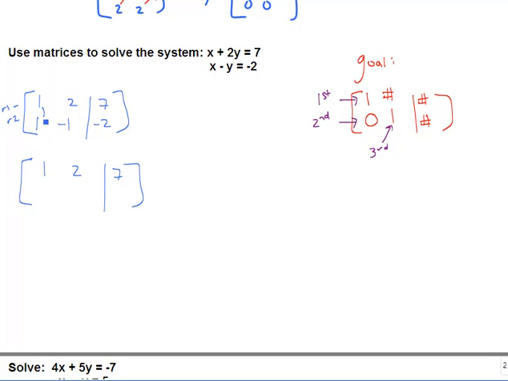And now if I subtract row 1 minus row 2, 1 minus 1 is 0, 2 minus a negative 1, remember you get a double negative there, so 2 minus negative 1 becomes 2 plus 1, or 3, and 7 minus a negative 2 becomes 7 plus 2, or 9.